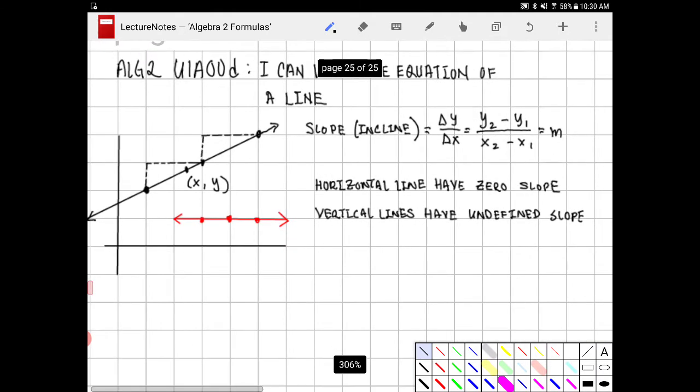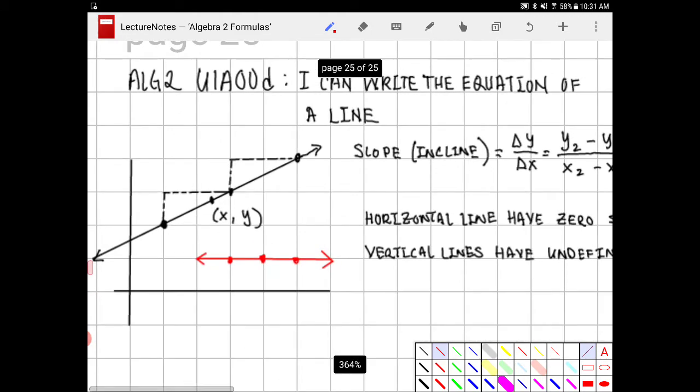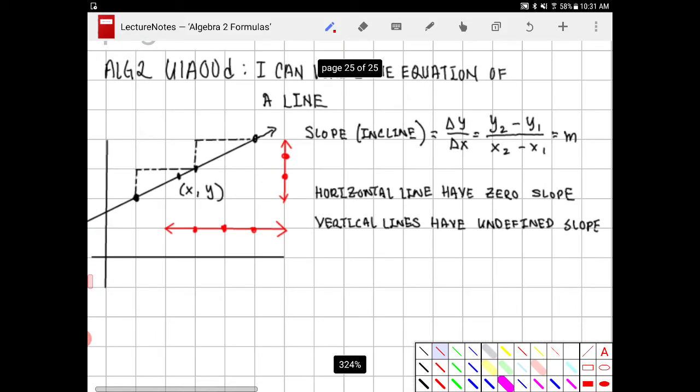So a vertical line, and I want to draw that over here, may look something like this. If you look at all the points that are on this line, all the x coordinates on that line are going to be the same. So there's no change in x.